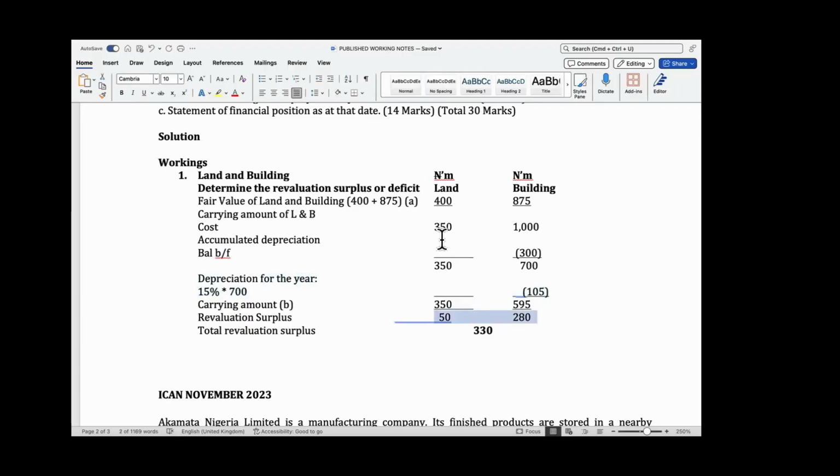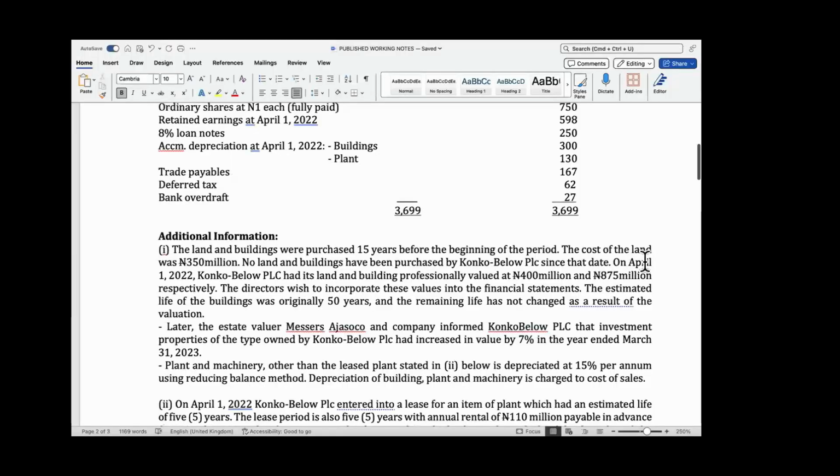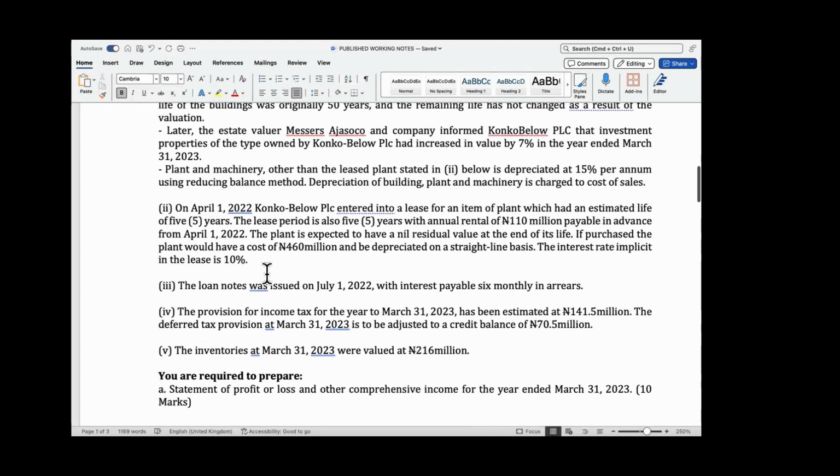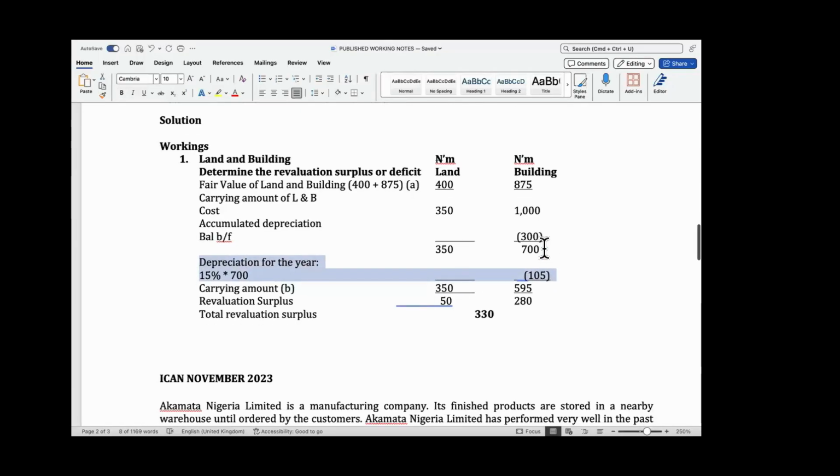We're supposed to compute this surplus or deficit at the date when they revalued, which is April 1st, 2022. So at that date, we would not have charged this depreciation. That makes it a little wrong for you.